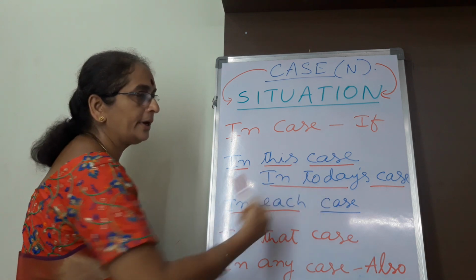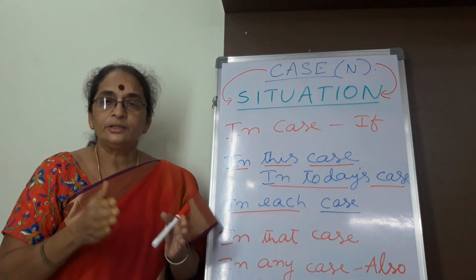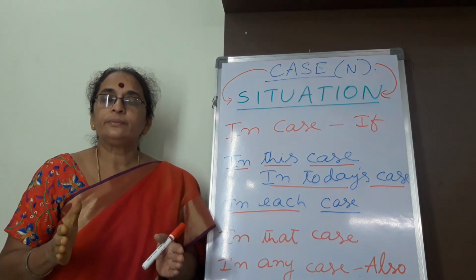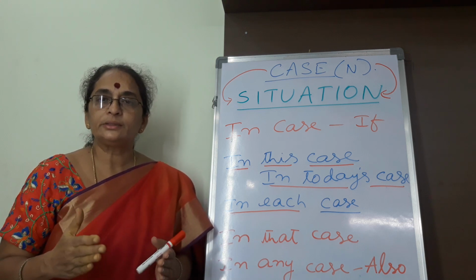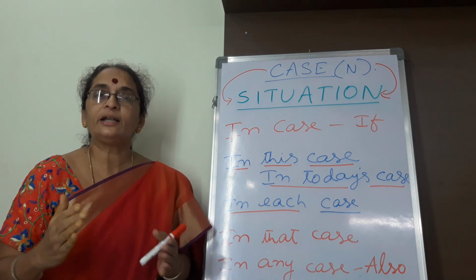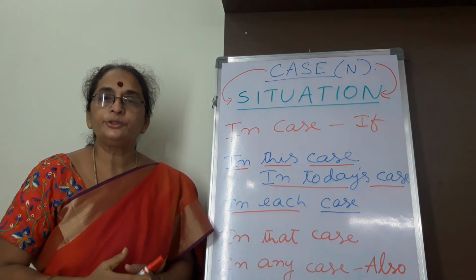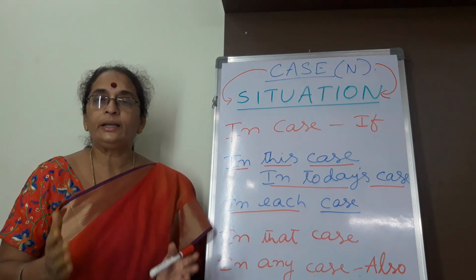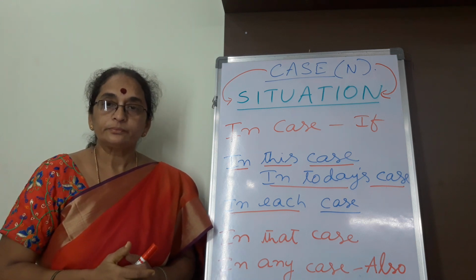And coming to another example using in today's case. Today there is an event, some planned program is going to take place. A cricket match will take place today, but it is not going to take place during inclement weather or some other conditions.